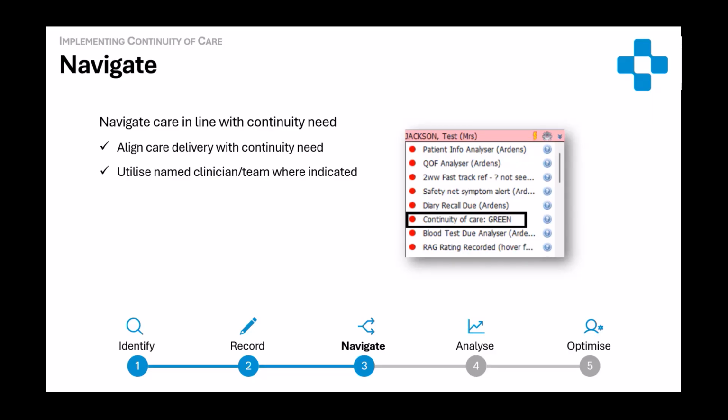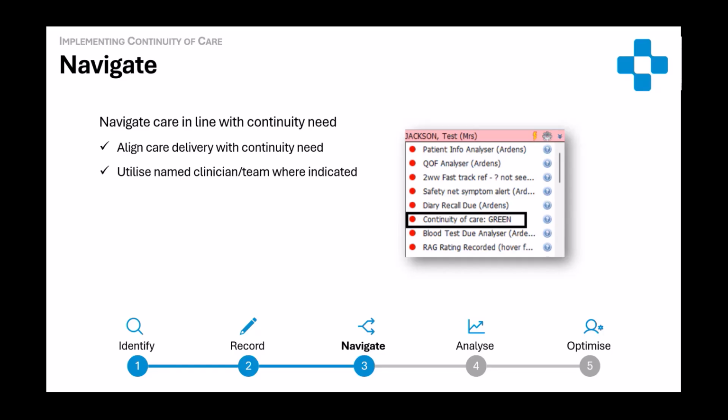Now, although these alerts are often focused around appointments and care navigation, they don't just influence your booking process. They can also support decision-making across your whole team. By making a patient's continuity needs visible in your clinical system at the point of care, your clinicians can immediately understand the context that they're working with. So if they're seeing a high continuity risk patient, one of those red ones, they know that there's added value in maintaining that relationship.